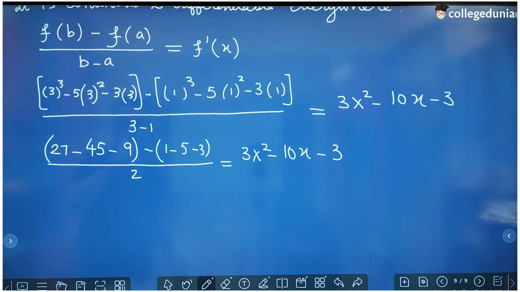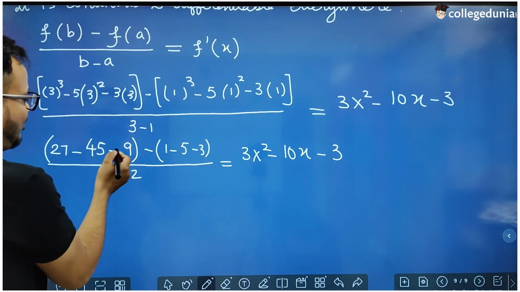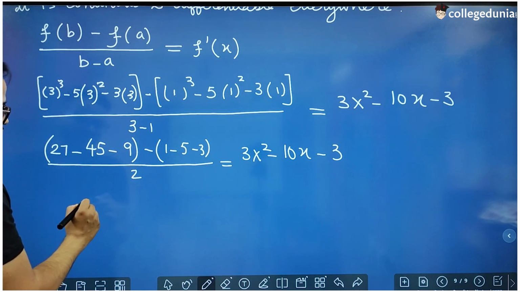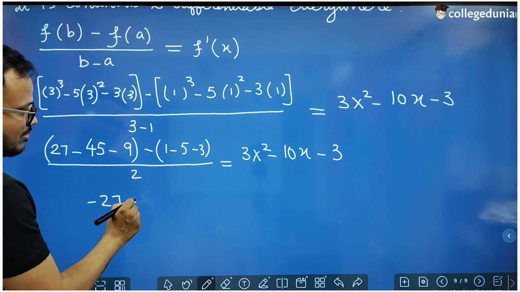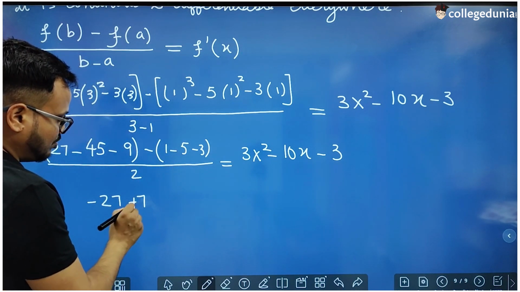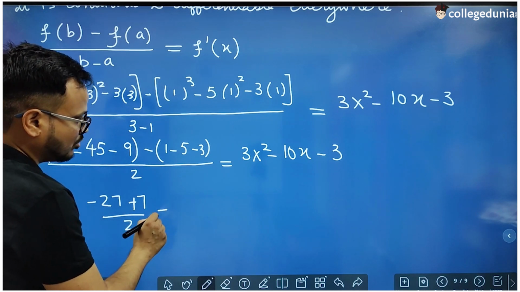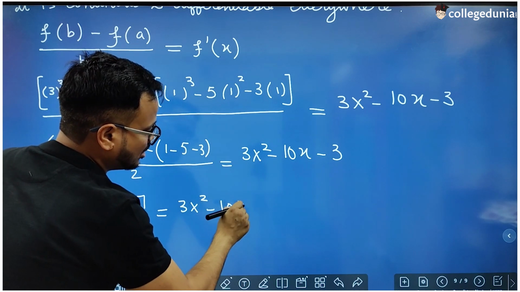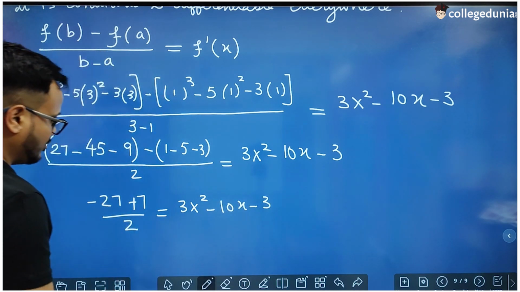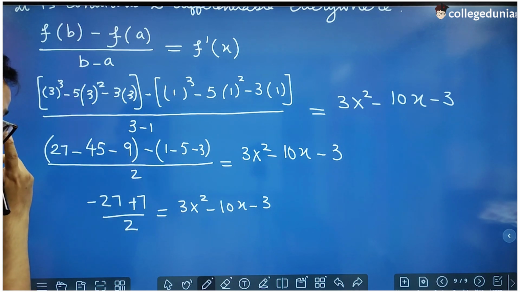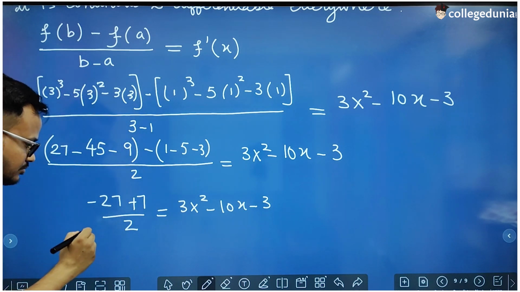So 45 minus 9 is 54, 54 minus 27 minus 54 is minus 27, minus 8 plus 1 minus 7, so this is minus 20 divided by 2, equal to 3x square minus 10x minus 3. So this is minus 20 by 2, which is minus 10.